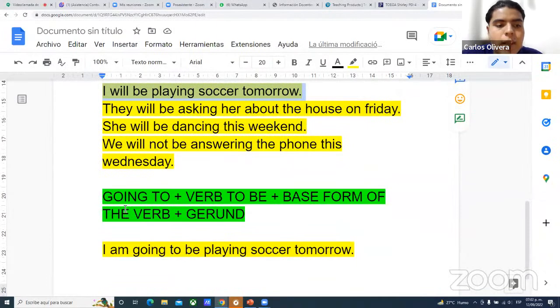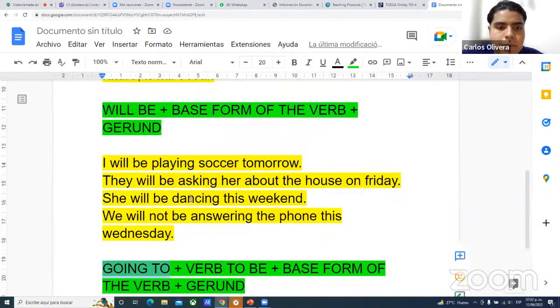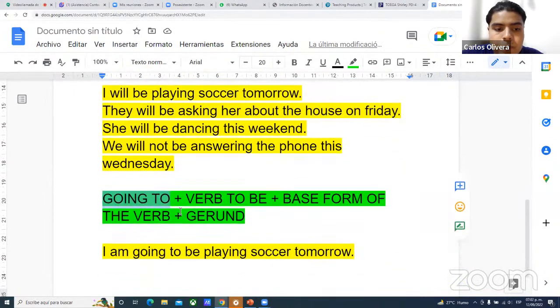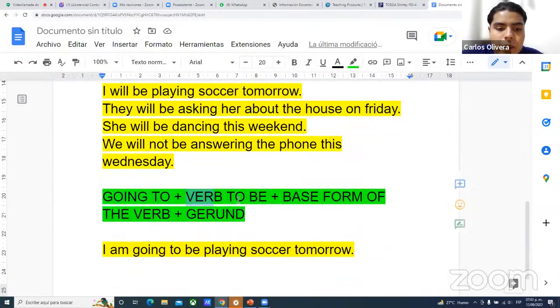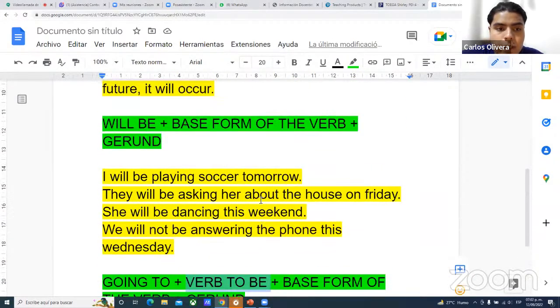Okay, so as you can see, the only thing that changes in this case, of course, is the inclusion of going to in the structure. And if you notice here, you're using, of course, as well, the verb to be here. So you're using the verb to be here, because if you remind the other structure, the verb to be was combined with the verb will, or with the auxiliary verb will.